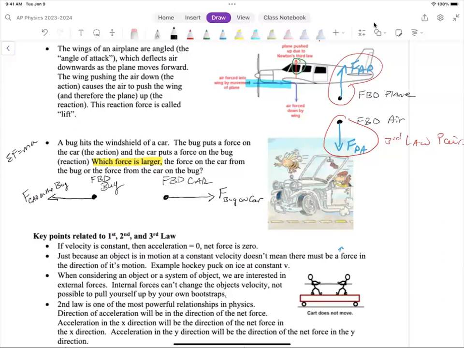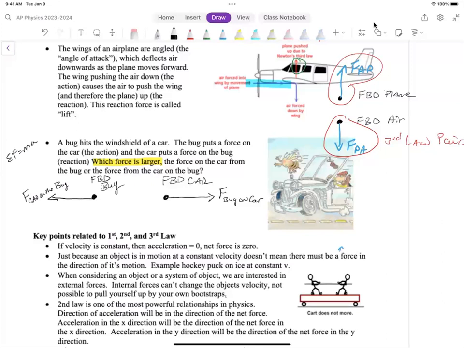So for example, the force on the car by the bug, say it's a small number, the mass of the car is huge. A small number divided by a huge number means I'm going to have a really teeny acceleration, because the mass of the car is substantial. However, that same force gets divided by the teeny tiny mass of the bug.